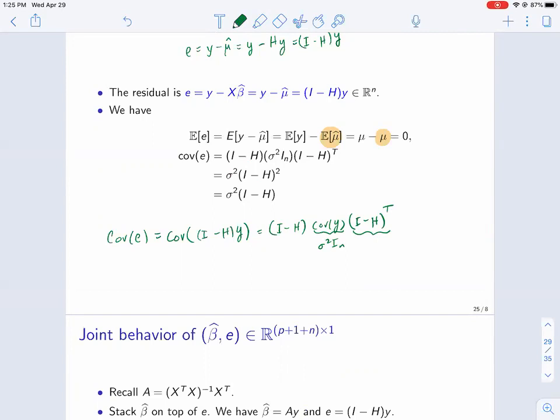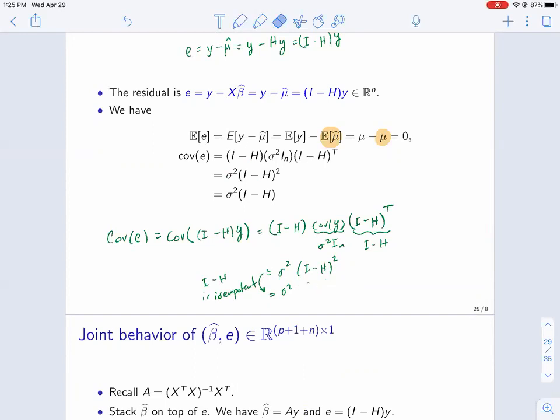Symmetric, yes, because I minus H is another projection matrix. So this is going to be sigma squared I minus H squared. And then this is going to be equal to sigma squared I minus H because I minus H is idempotent, because it's a projection matrix. So you can see these properties simplify the calculation.